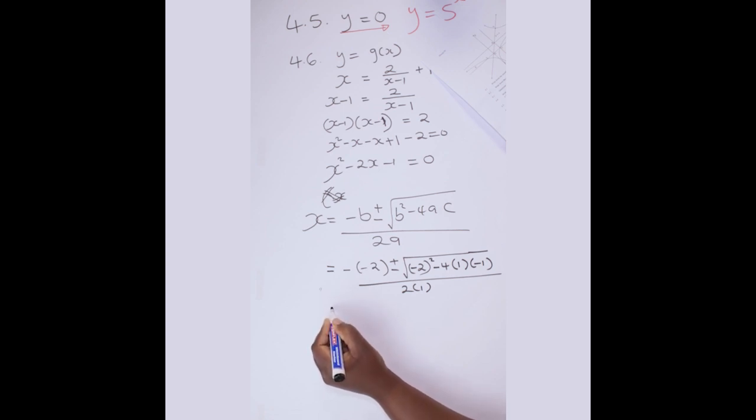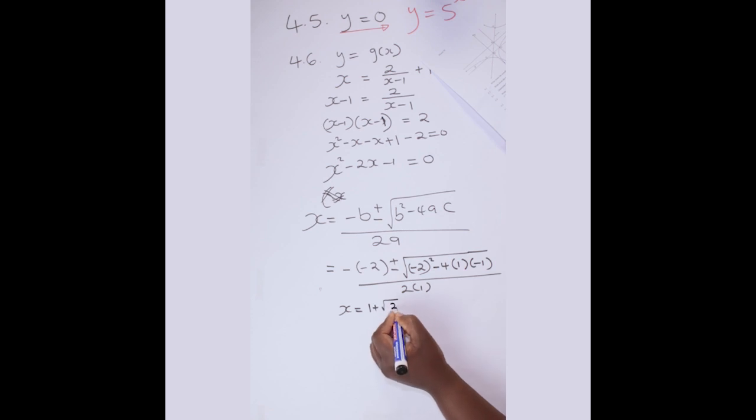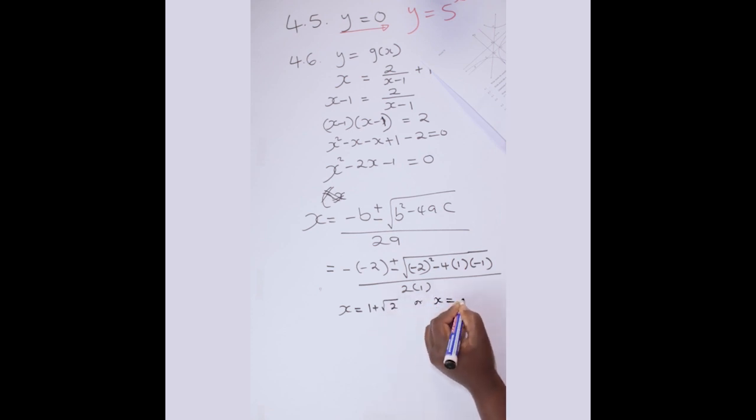And then you can simplify this in the calculator, and it will give you 2 solutions. It is giving you x equals 1 plus the square root of 2, or x equals 1 minus the square root of 2. You can write it in decimal format or leave it like that. It will never be a problem.